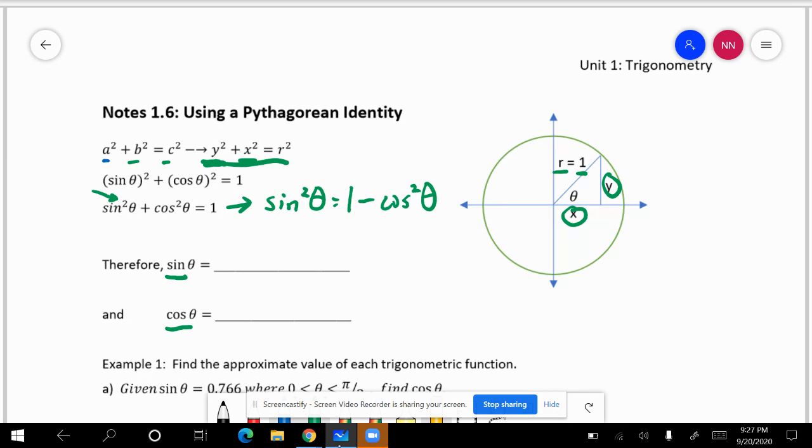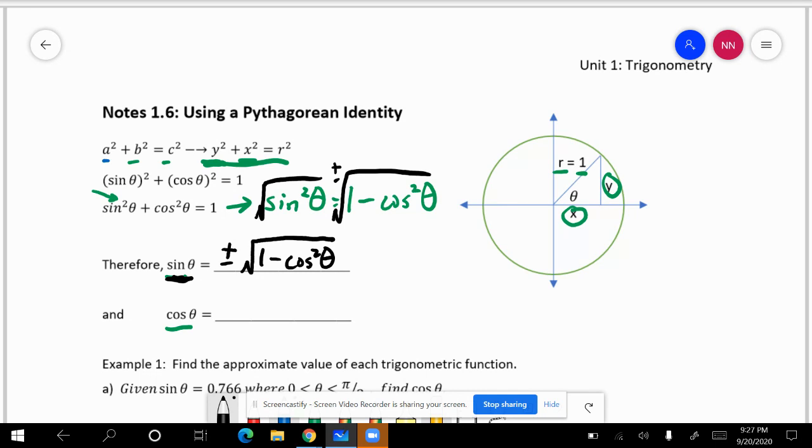Now we have to get rid of the square, so we take the square root. And when we take the square root, we always have to remember there's a positive and a negative root. So sine of theta is equal to plus or minus the square root of 1 minus cosine squared theta. Now that's our first formula.